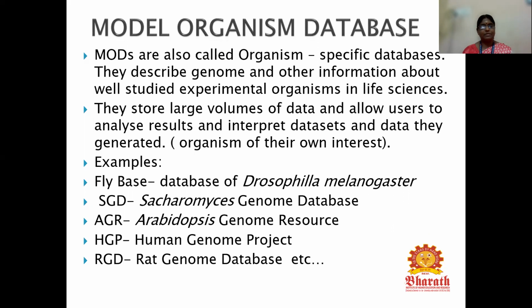So these kinds of databases are used to model all the organisms, including flies, Saccharomyces yeast, plant species, human species, and also animal species like rat. So it is very useful to analyze the databases of all model organisms, and we can get the databases of all the model organisms used in a particular experiment.